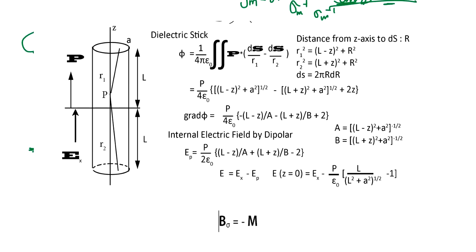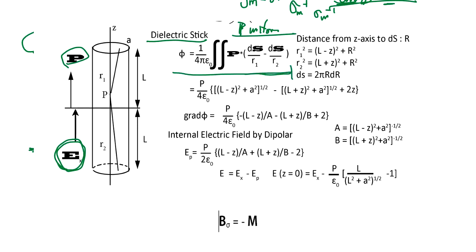Suppose you have a dielectric stick within E, and it creates a dipole, and the dipole is uniform. This is the assumption within the dielectric stick. Using Poisson's equation, we try to get this phi within the stick.